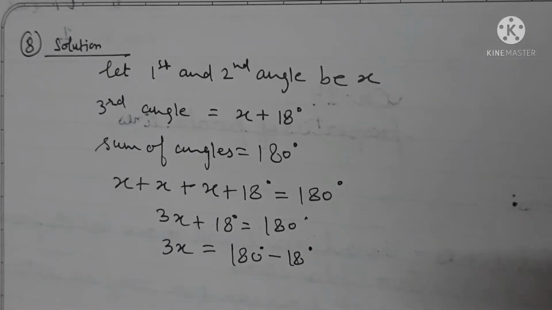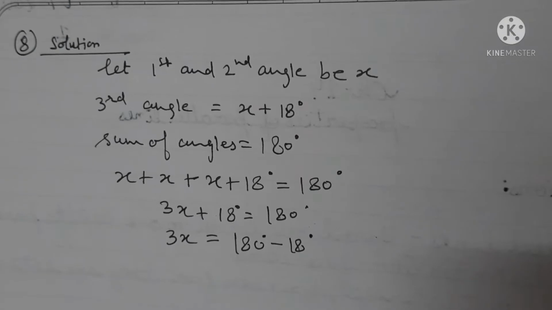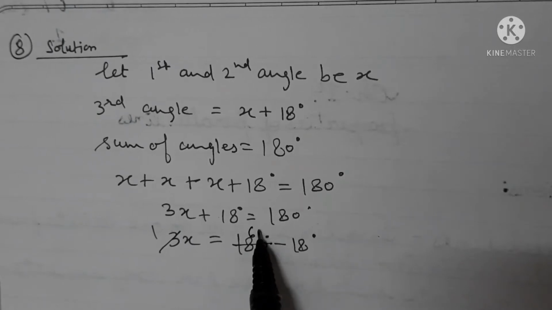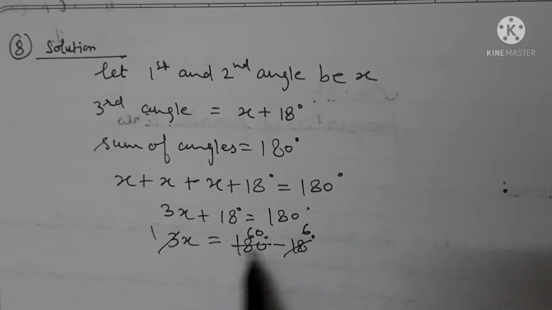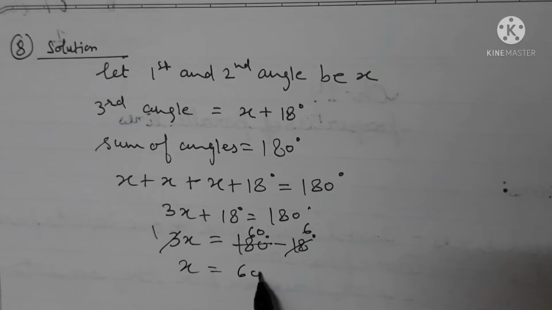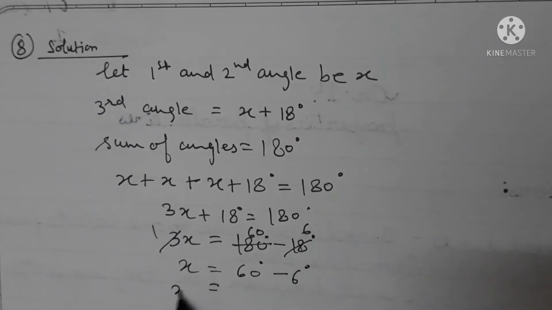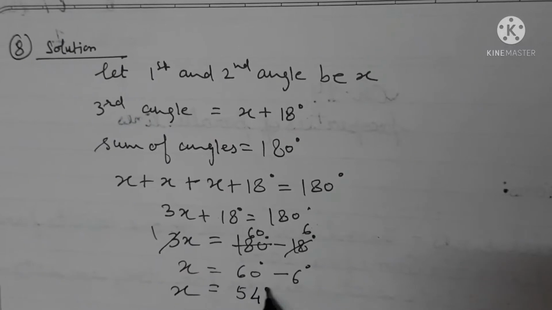So you will get x. Here you can take 3 common: 3 1s are 3, 3 6s are 18 and 0, 3 6s are 18. x is equal to 60 degrees minus 6 degrees, x is equal to 54 degrees.